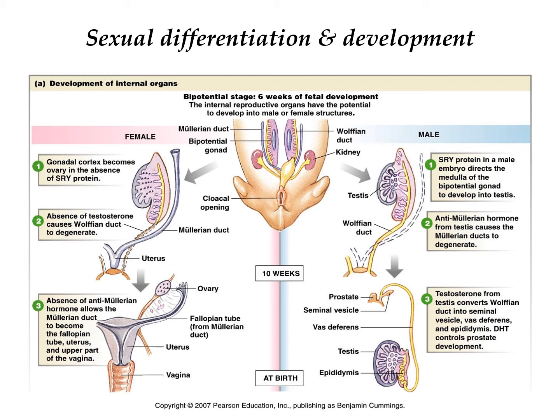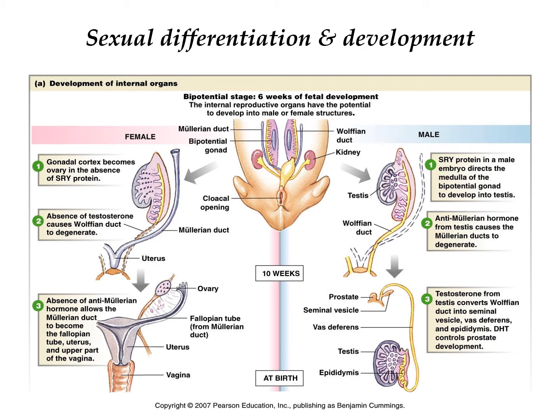So therefore, these don't become fallopian tubes. And finally, the testosterone from the testis will convert the Wolffian ducts into a seminal vesicle, vas deferens, and the epididymis, essential for the transmission of the semen, the sperm and ejaculant material.